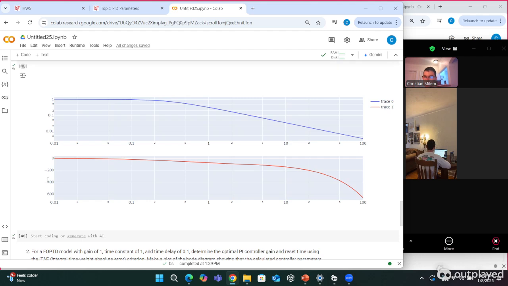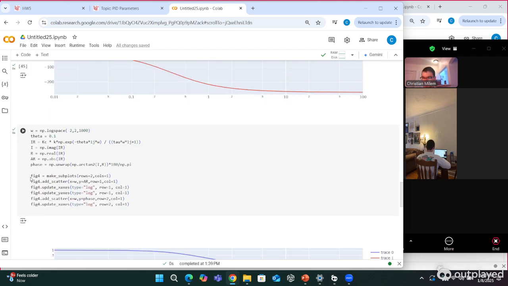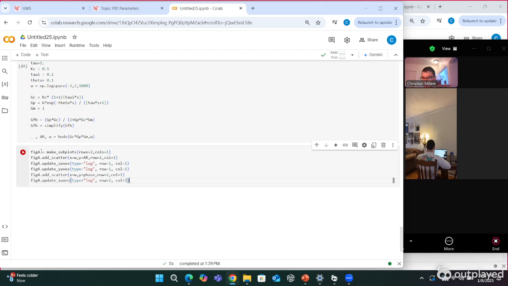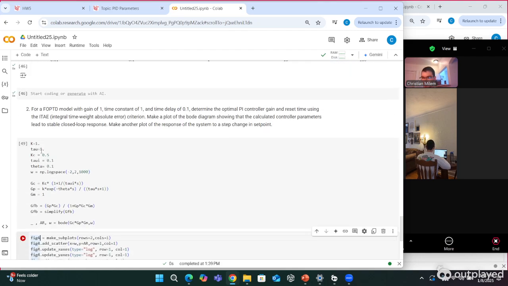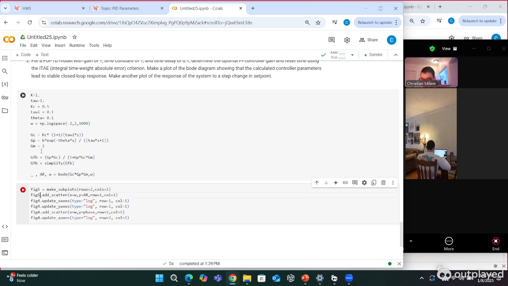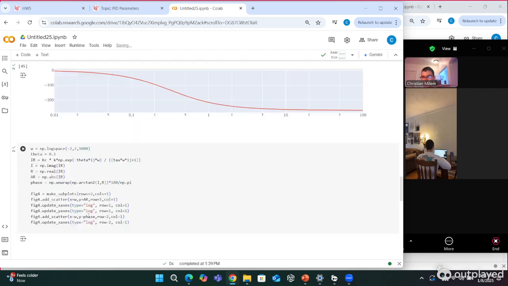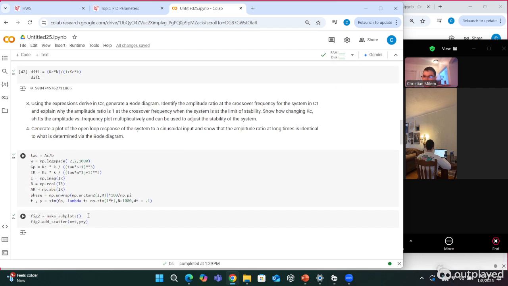All right, so we can plot this. So I'm going to steal these. This fig 5. Then we're also going to want to run a simulation of this.